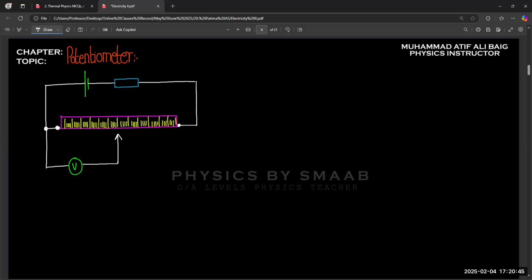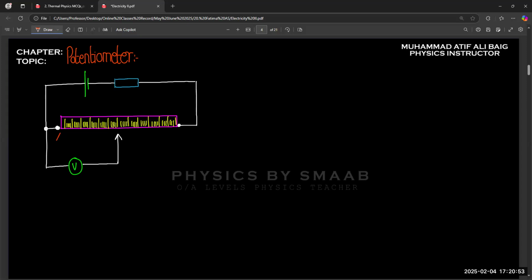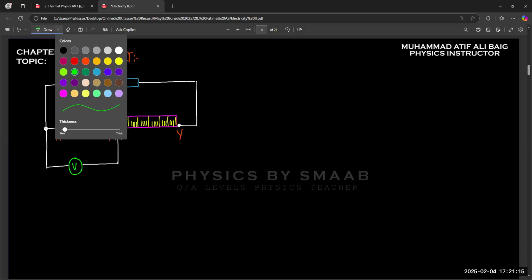So we can move this second terminal to any specific point from left to right side. On the left side, we consider point X, and on the right side, we consider this point as Y. And let's suppose this is the center point T. So we can easily move this second terminal from X to Y in any direction at any point, because this is a movable junction.